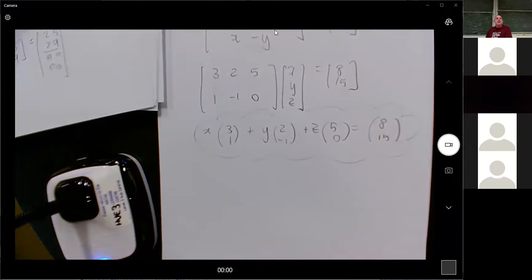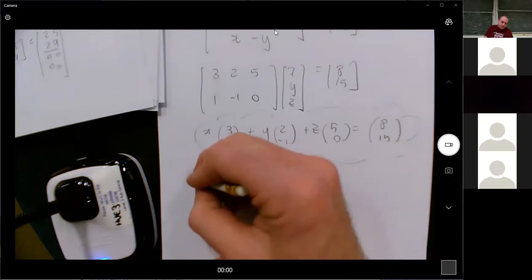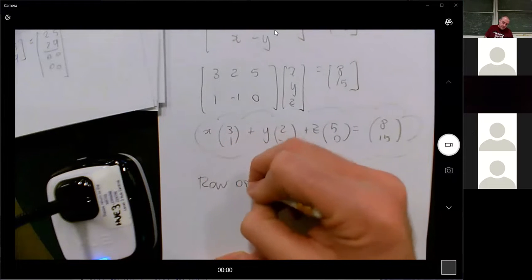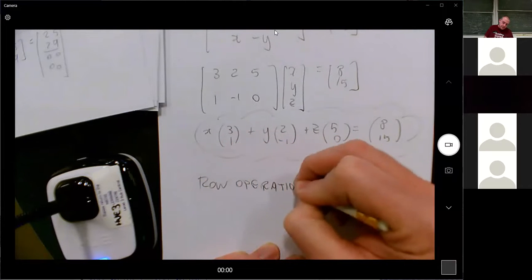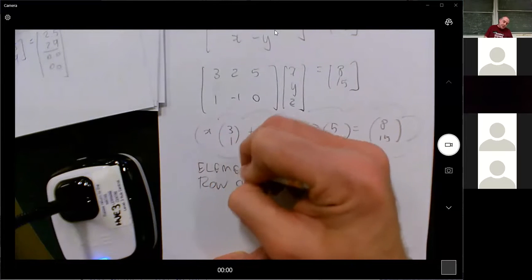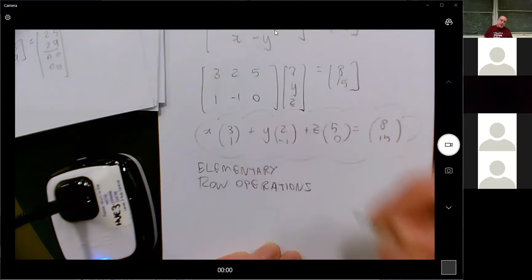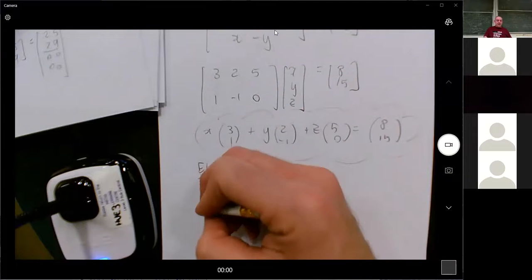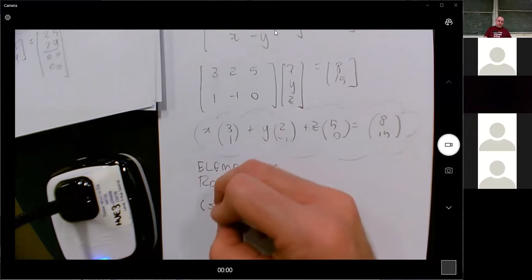And what I want to say is that row operations, I'm going to call them elementary row operations, started out life as things to do with equations.